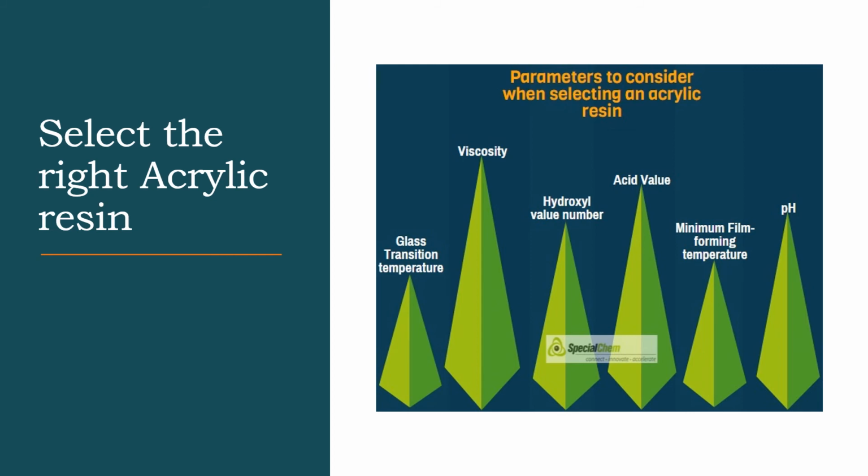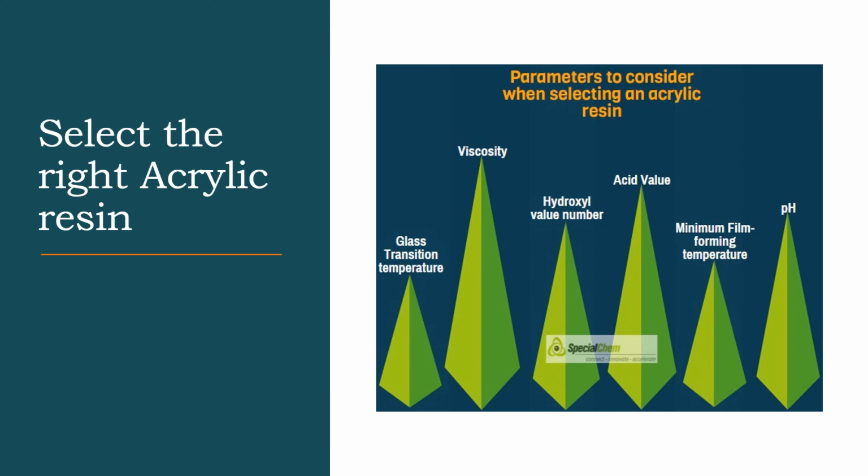If a resin has a higher molecular weight, then it has a higher viscosity. Usually you can apply these rules to check the molecular weight and the solid content. Once you get a resin from your supplier, they will give you all the specifications, that this resin has this Tg, MFT and solid content. So mainly viscosity depends on the solid content of your resin.